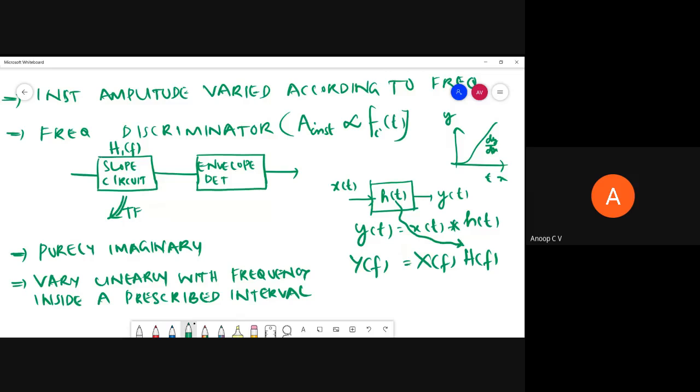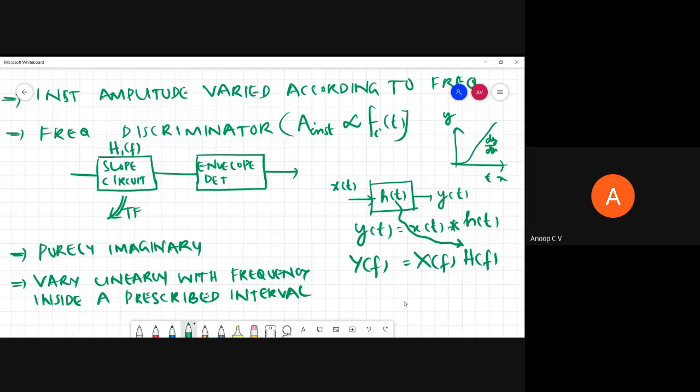An ideal slope circuit should have a purely imaginary transfer function. Purely imaginary means it will have only the imaginary term j followed by the magnitude of the transfer function. And this transfer function should vary linearly with frequency inside a prescribed interval. What do you mean by a linear relationship between x and y?